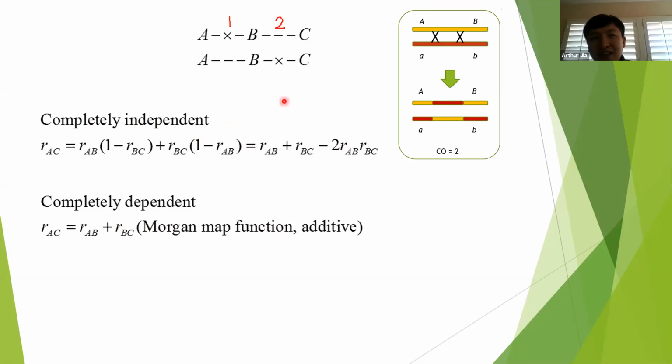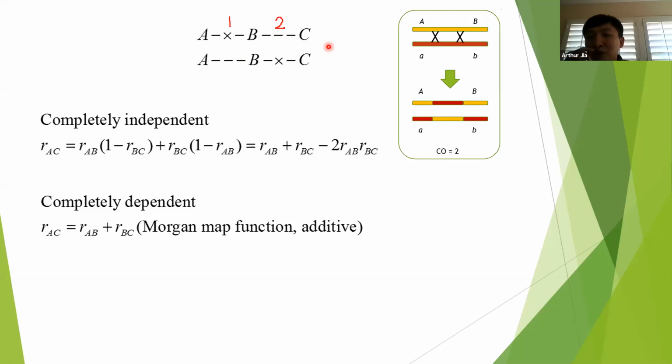That means if you have one crossing over in region 1 between A and B, this crossing over will prevent any crossing over occurring between B and C. This is called completely dependent or complete interference. So if you have a crossing over already occurring in region 1, it's impossible for you to see another crossing over between B and C, because the total region between A and C is very short.